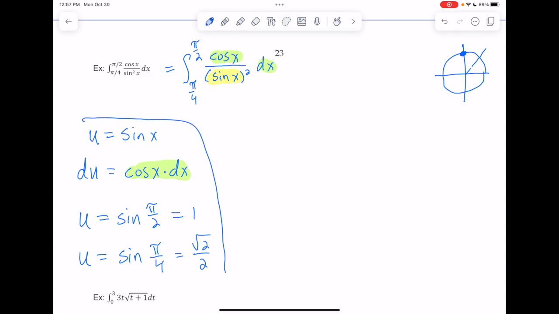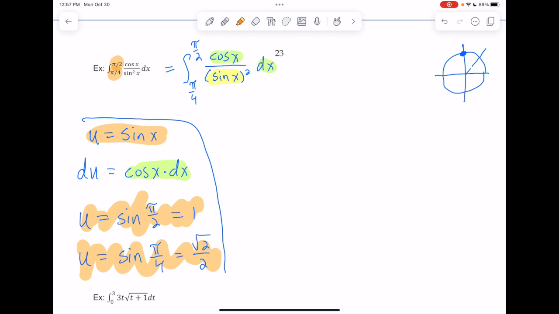Just a quick note, by the way, on these limits of integration pieces. I've been writing them down to help you see what's going on, that I'm substituting these old values into my u substitution. But you don't have to do that if you can do it in your head on the fly. I was looking at my old notes and I didn't write that down.